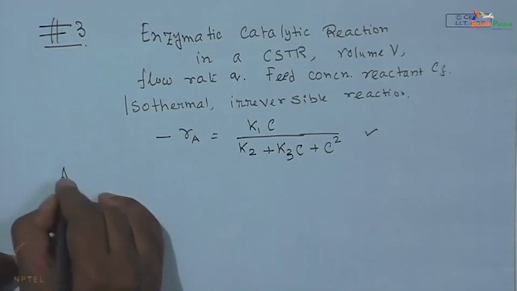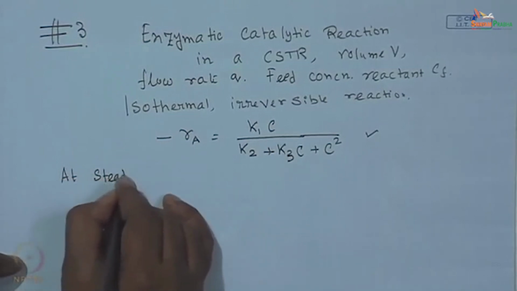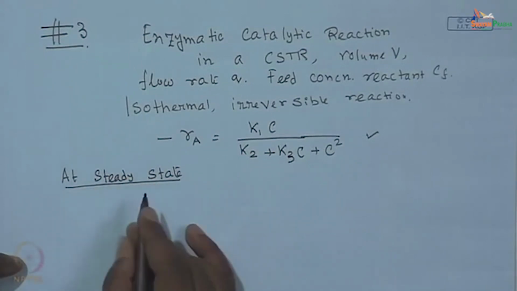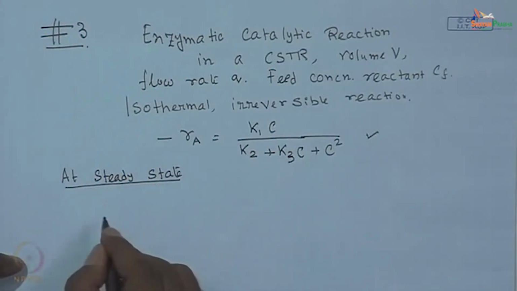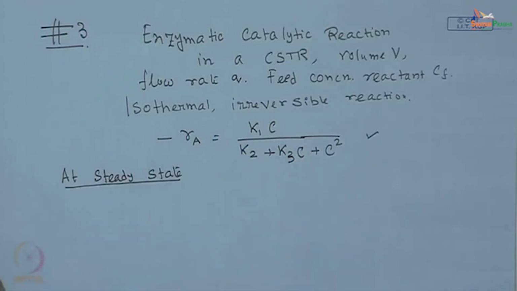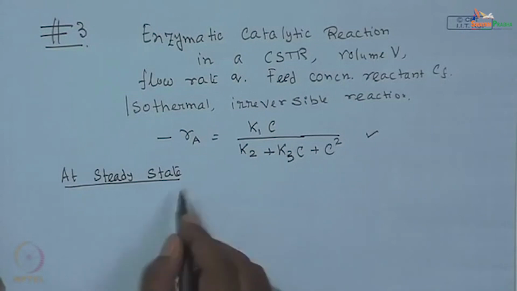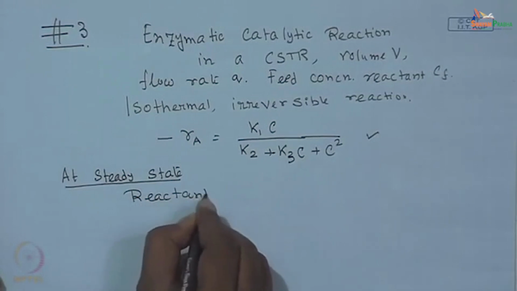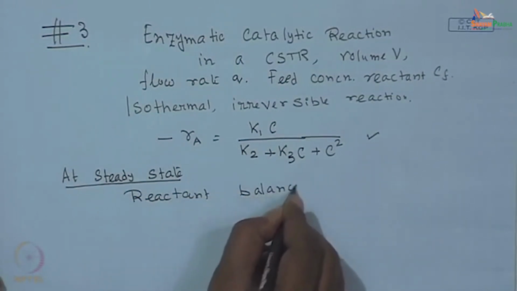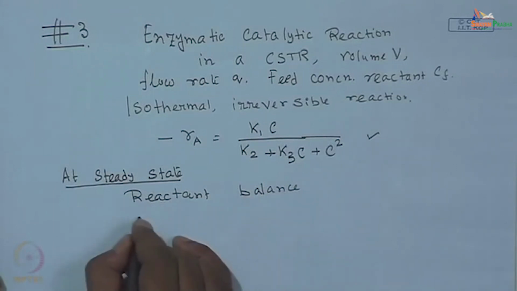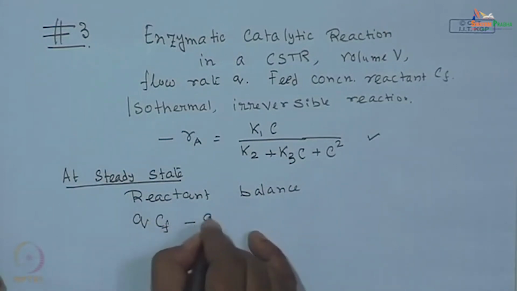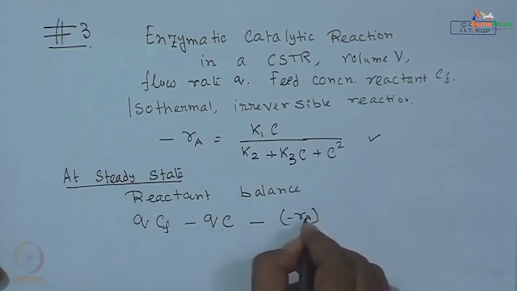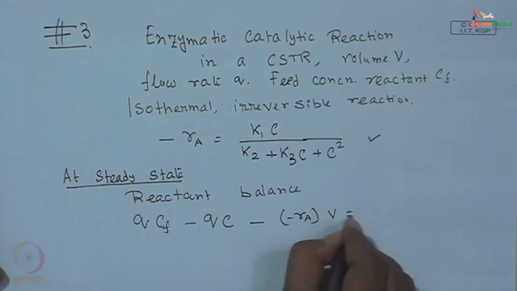So, at the steady state, we proceed the same way as we have done in the earlier problems. We write down the reactant balance in the CSTR. So, it will be Q times Cf minus Q times C minus rate of reactant A times volume is equal to 0.